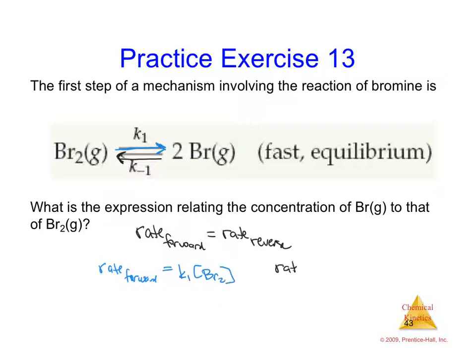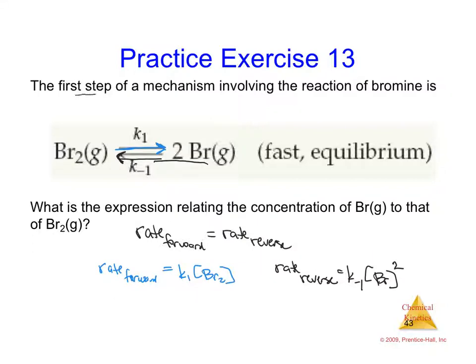The rate of the reverse reaction, which is in this direction, so 2 Brs reacting to make Br2, is going to be equal to K minus 1 times whatever's at the tail end of the arrow, right? That's our Br squared.